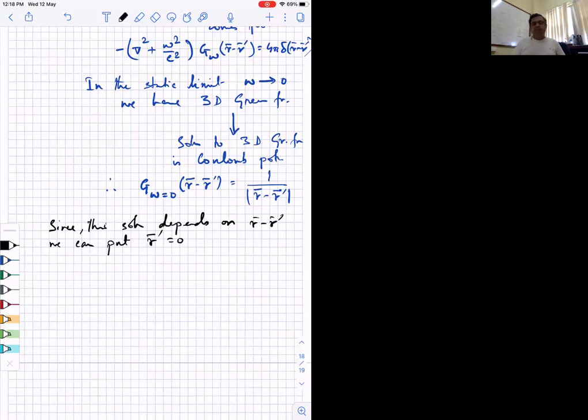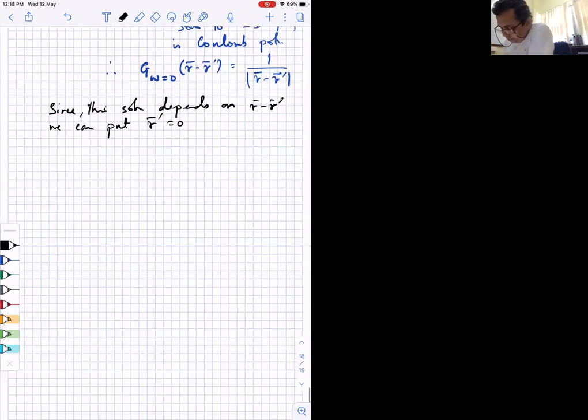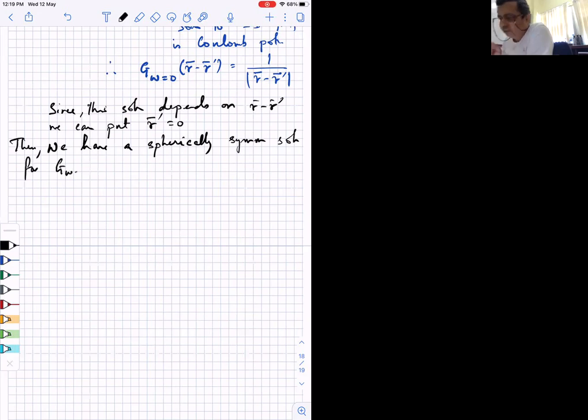This is what we can do. And then if we do that, it's a spherically symmetric solution for G omega.